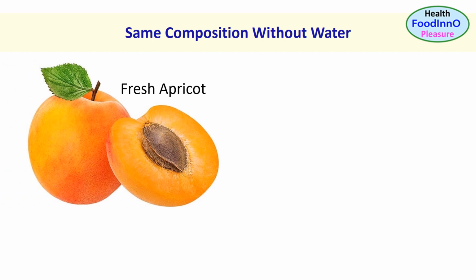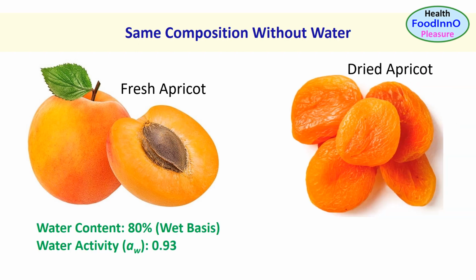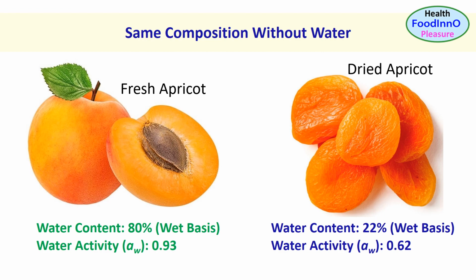Are water content and water activity the same? Consider the same food, for example, fresh and dry apricots, that is the same composition without water. Water content of fresh apricot is 80% and water activity is 0.93, while dried apricot contains 22% of water with a water activity of 0.62.